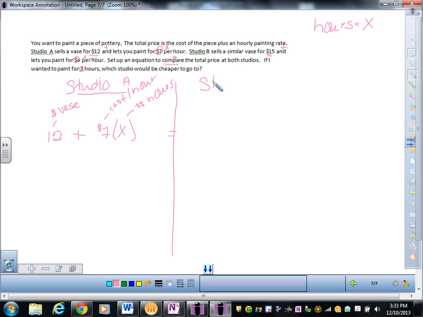And then I've got Studio B. And Studio B charges $15 for that vase. So that's the cost of the vase. And it charges me $4 per hour, so per means multiply, an hour, and we're representing the hours by X. So that's cost per hour and that's number of hours.